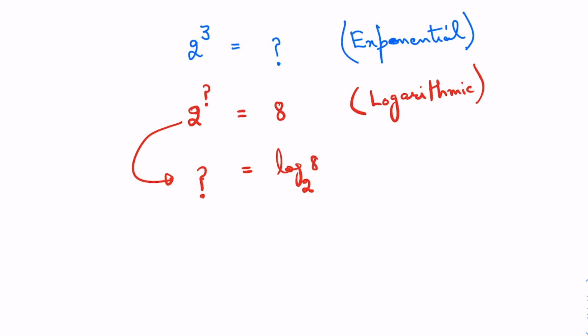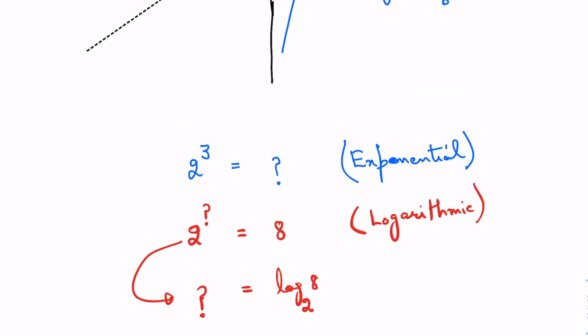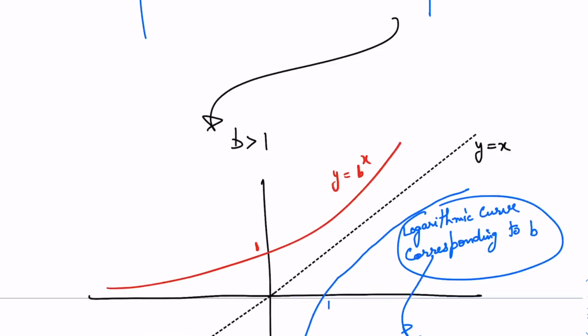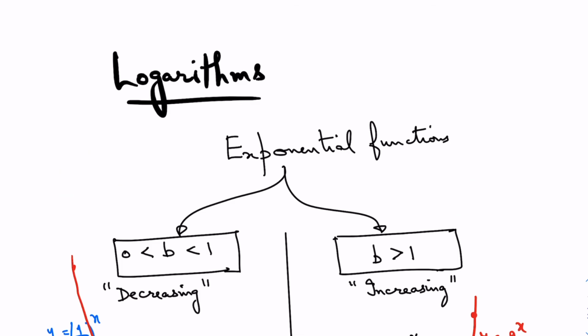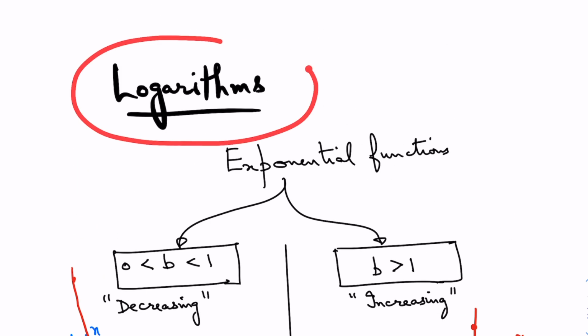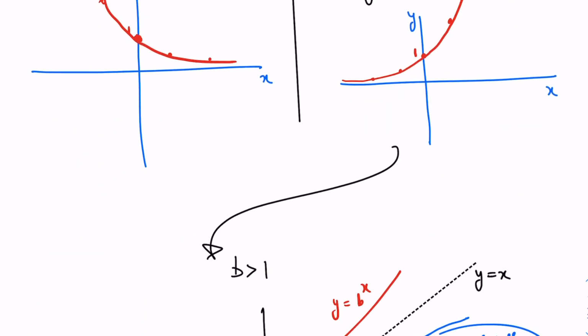There's nothing to learn here, and nothing to mug up. People go about learning formulas for logarithms, but that's absolutely not required. If you understand how exponential functions behave, then we are totally in control of this. We'll see that in the next one.